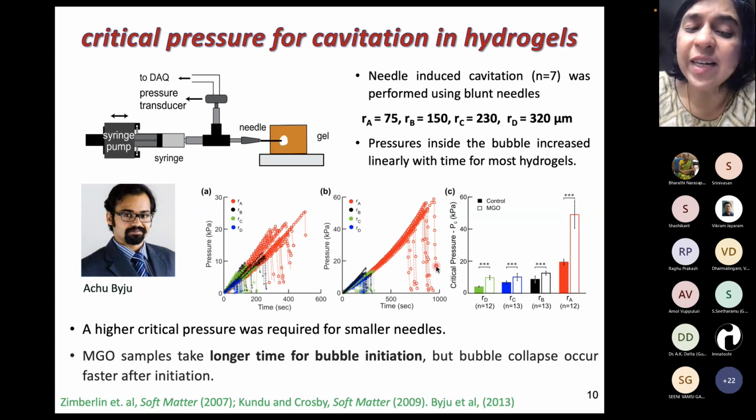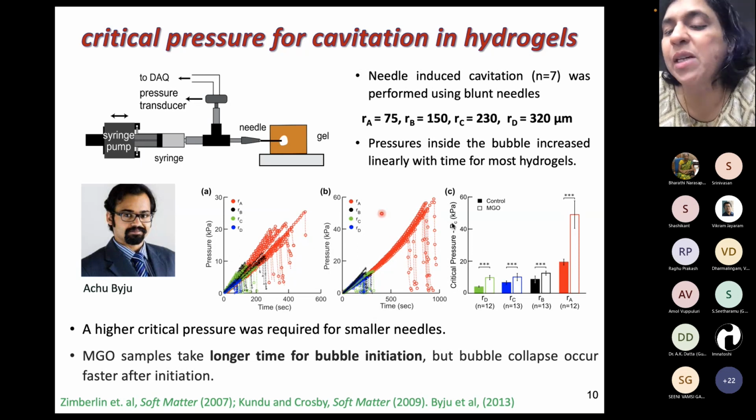When we calculate the critical pressure, which is determined as the point just before the pop happens from our experimental system, we can see a very nice relationship. And so what we're showing is that addition of this MgO seems to dramatically increase the critical pressure that is required for popping the bubbles.